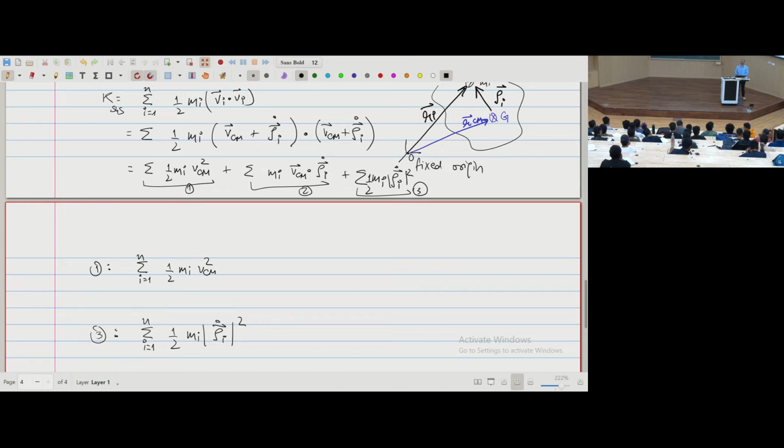Connect them with some light string and you throw them. So they may together be moving with a large velocity, so that is number 1. And number 3 denotes how they are moving with respect to the center of mass. They may be moving with respect to the center of mass as well. So that is what number 3 is. Is this clear?